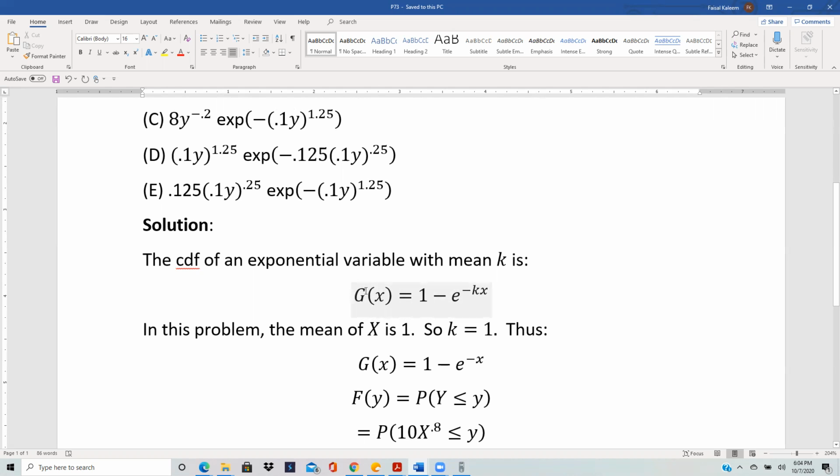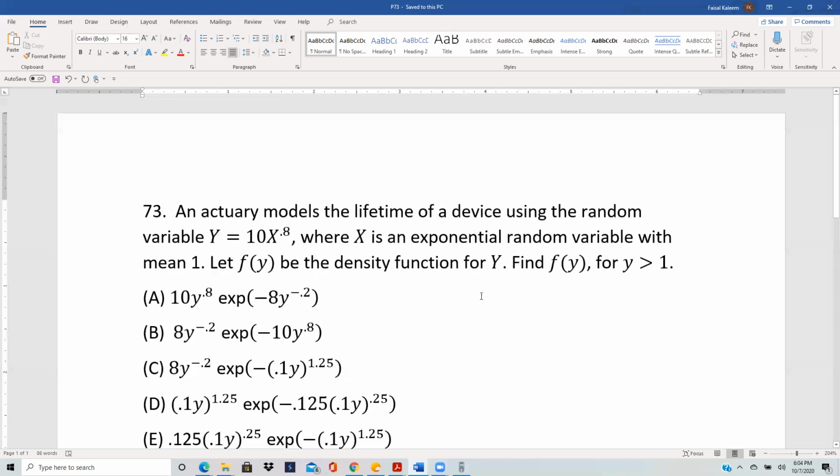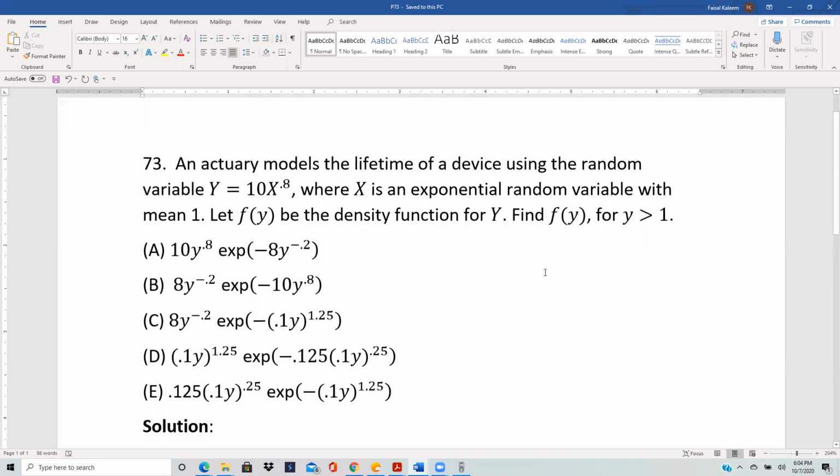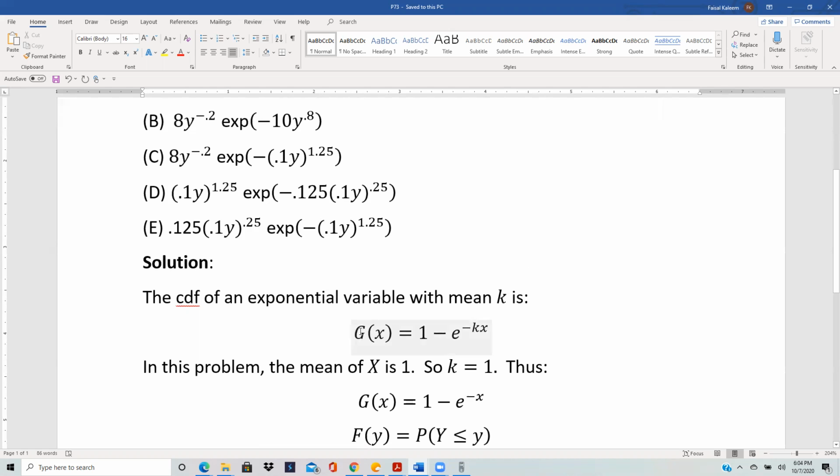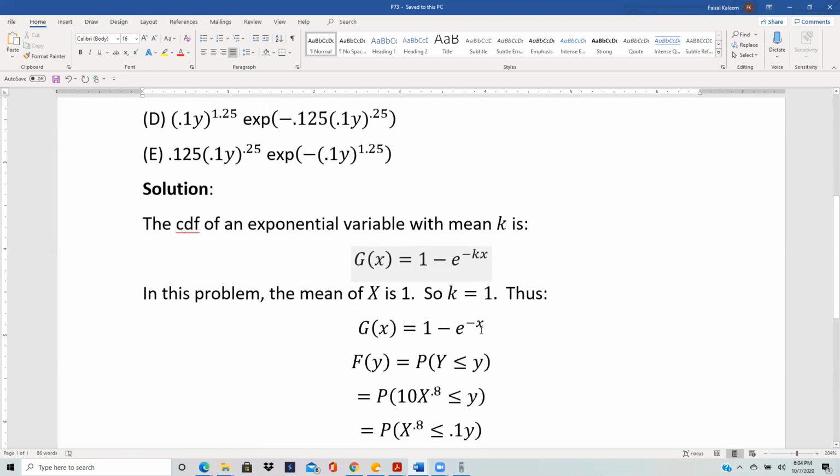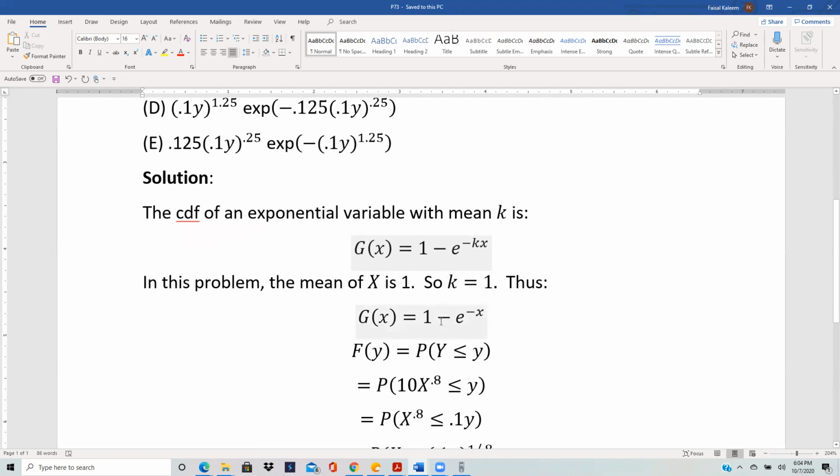Usually we call the CDF capital F, but in this case capital F will be the CDF for this little f, which is another function given, so we use a different symbol. So the CDF of the exponential is 1 minus e to the negative kx, but we know that the mean is 1, they tell us, and so it would be 1 minus e to the negative x.